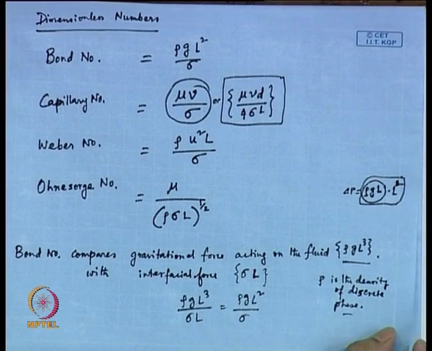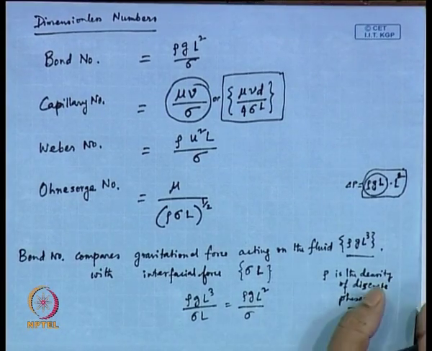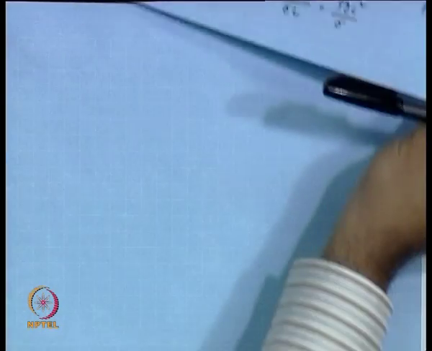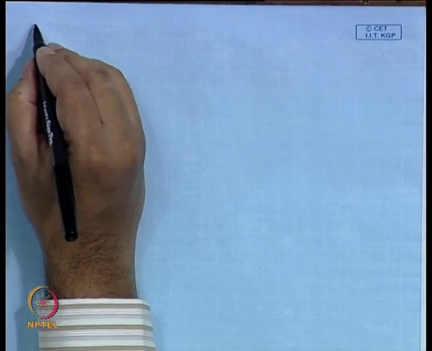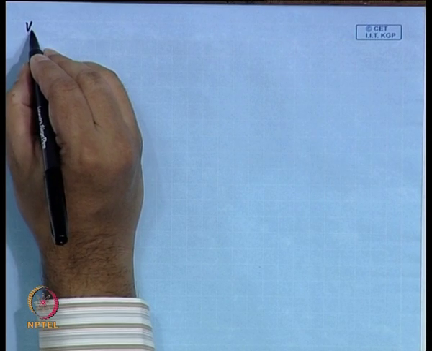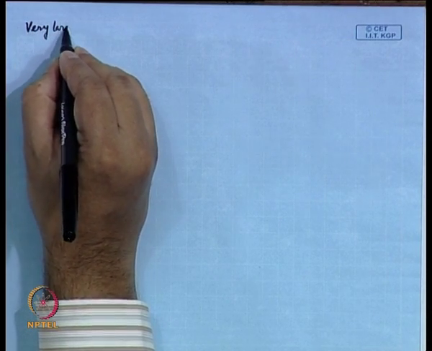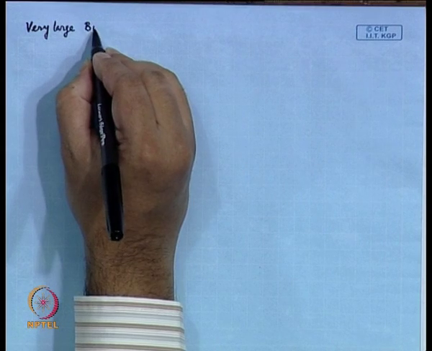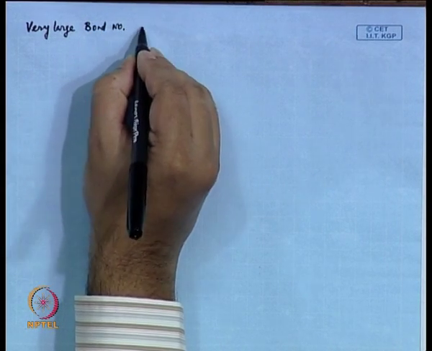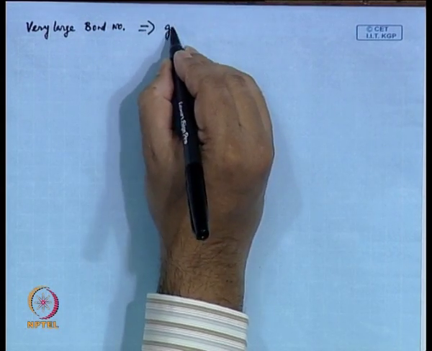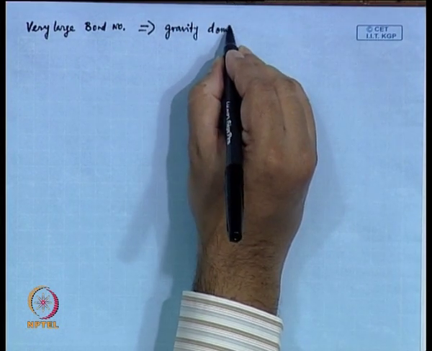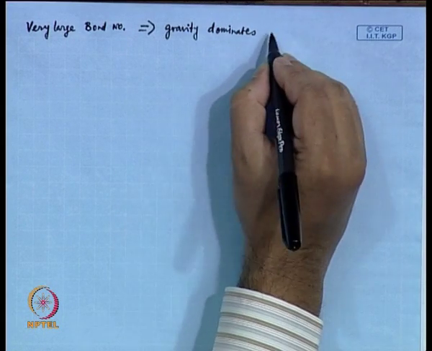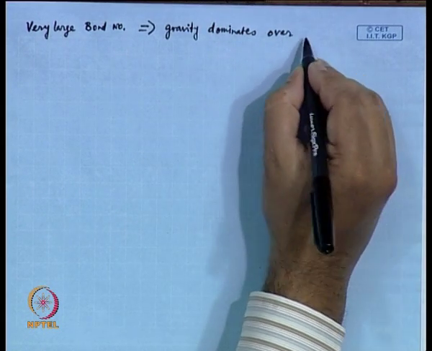Discrete phase is the droplet or the bubble, so rho represents that density. So, what this means is a very large bond number implies gravity dominates over interfacial force.